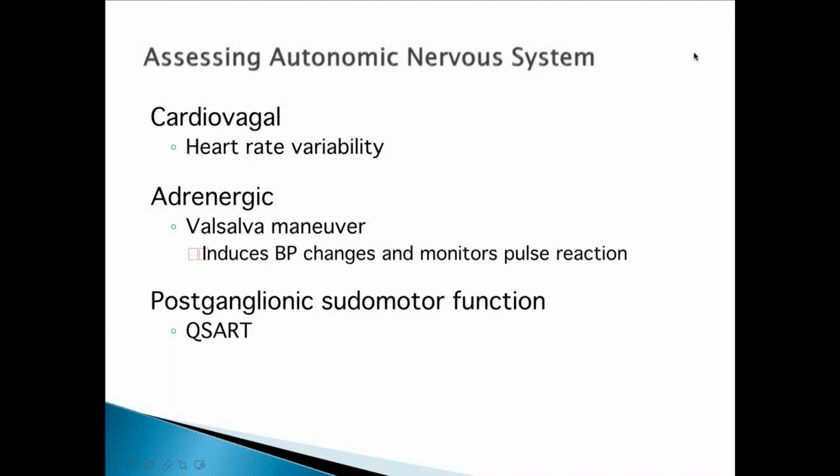Nobody will be expecting you to do it in the exam, but cardiovagal is heart rate variability at Valsalva maneuver and changes, and then something called as QSAT, which you look at postganglionic pseudomotor function. It is a quantitative pseudomotor assessment test which checks. So you can also check for sweating in different regions. So just remember there is something called as autonomic nervous system testing also, which is not a part and parcel of your routine neurological examination. But once you're looking for neuropathies, specifically those involving the autonomic nerves, this becomes a part of it.